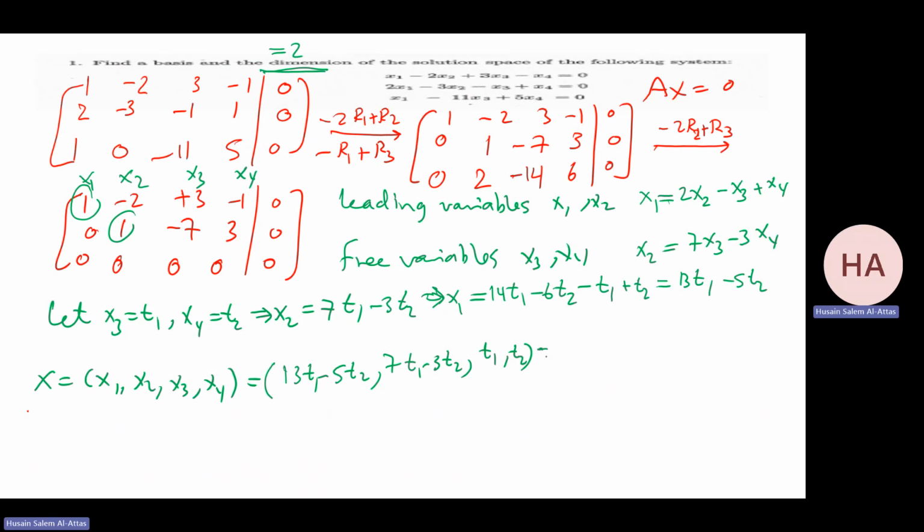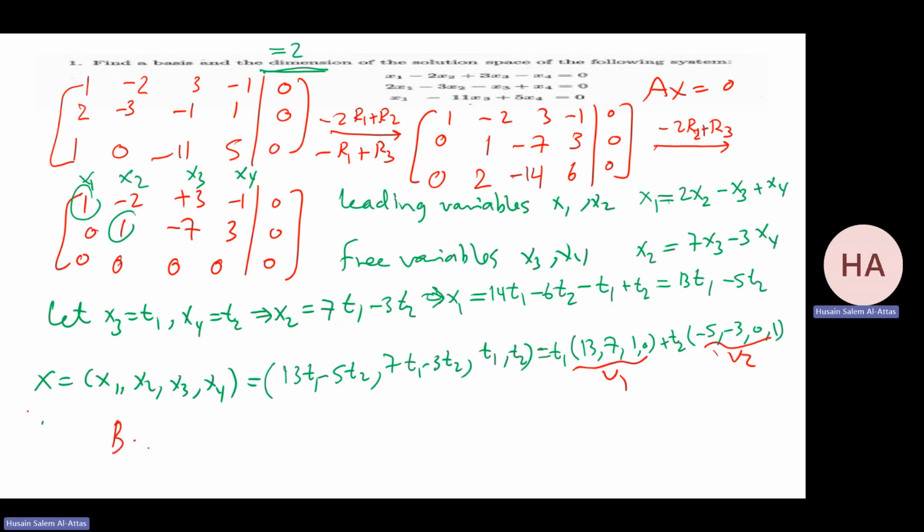Take t1 as a common factor. I have 13, 7, 1, 0. Take t2 as a factor. You have minus 5, minus 3, 0, 1. So this is V1 and this is V2.